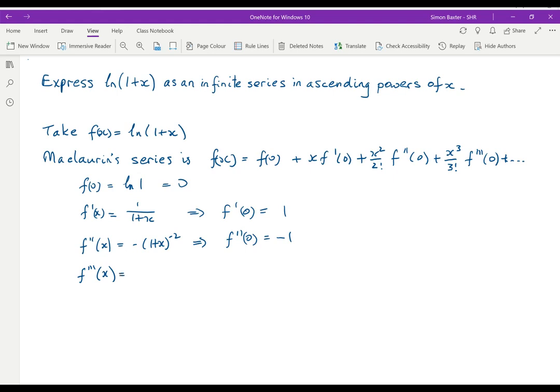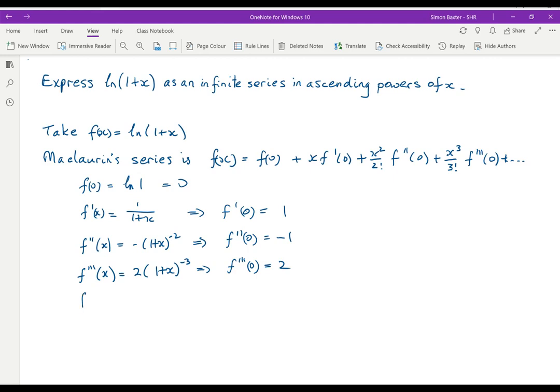It's going to be minus minus, so that's plus 2 (1 plus x) to the minus 3. That tells me that f'''(0) is 2. Put x equal to 0.